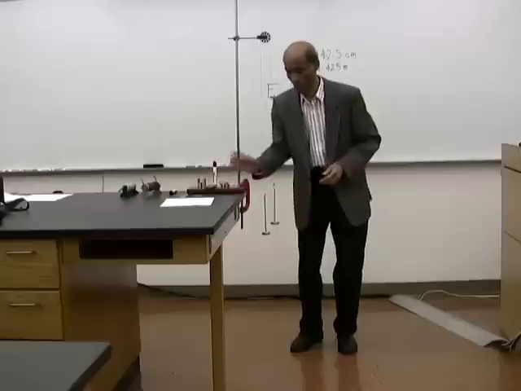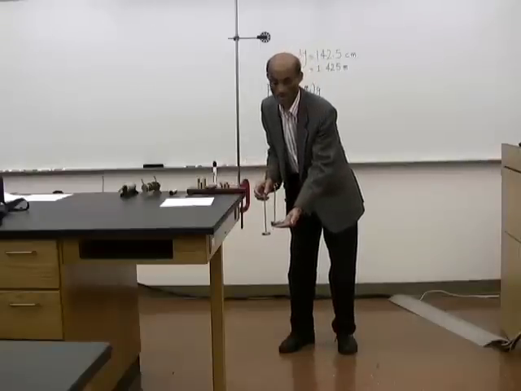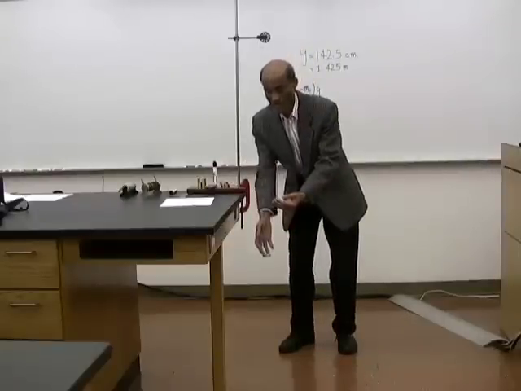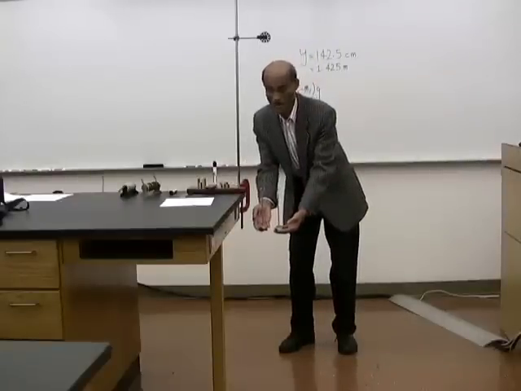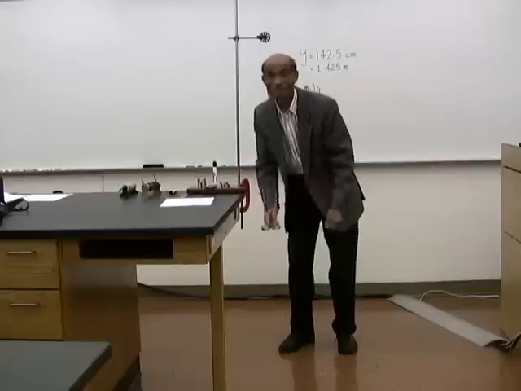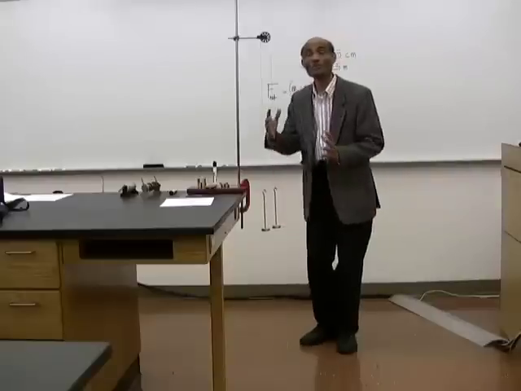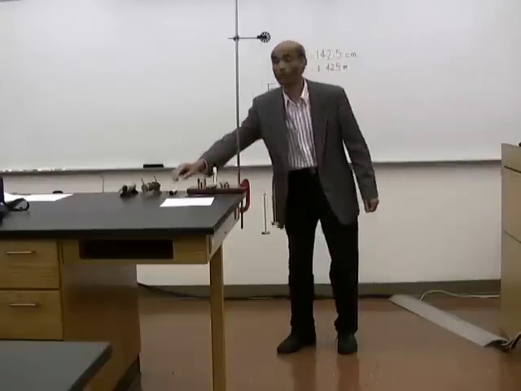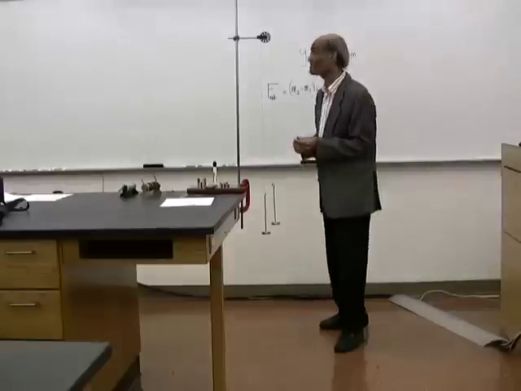I'm going to call M1 the mass on my left and M2 the mass on my right. The difference between the two masses will provide the net force, and that net force will be equal to MA.